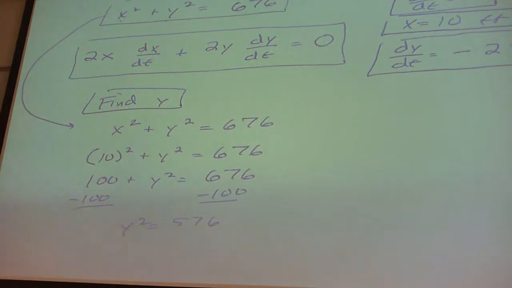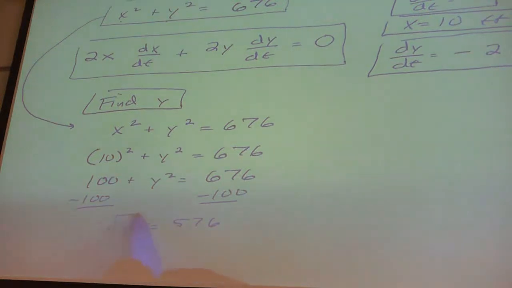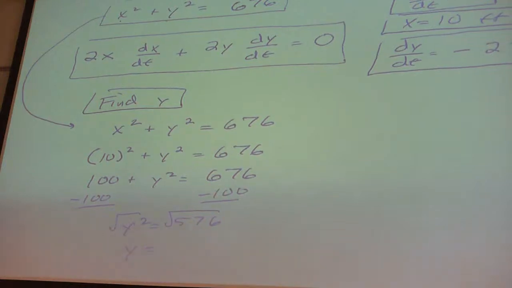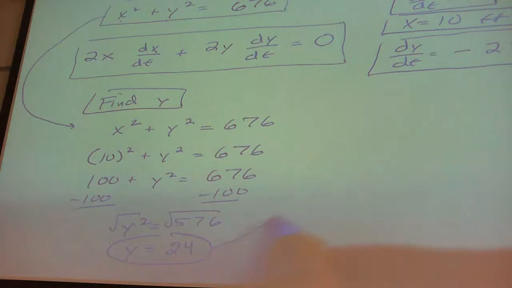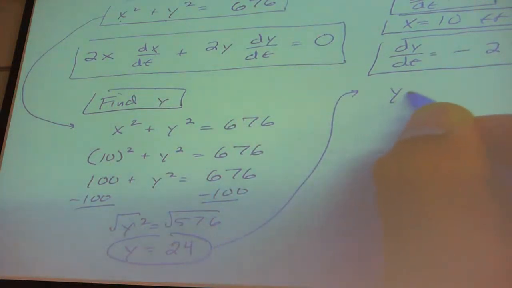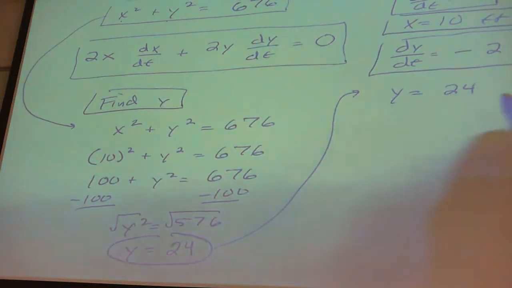Now, do I want y squared or do I want y? y. So how do I get rid of squared? Square root, square root. Therefore, y is the square root of 576, which is 24. Now, technically, you get negative and positive 24, but remember, y is a distance, so it has to be positive.